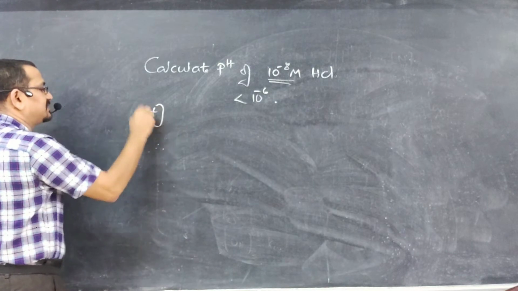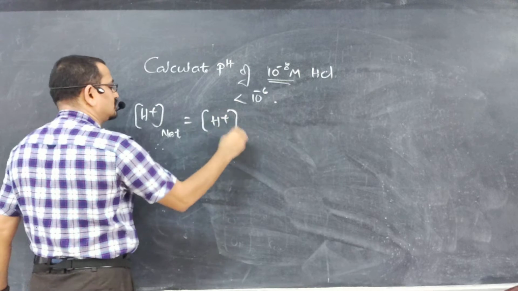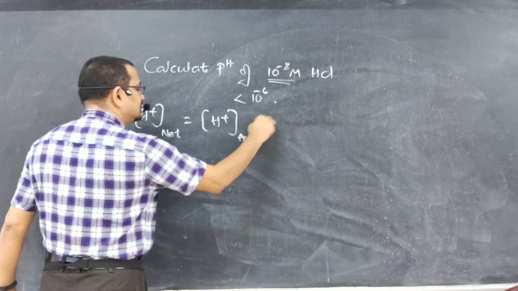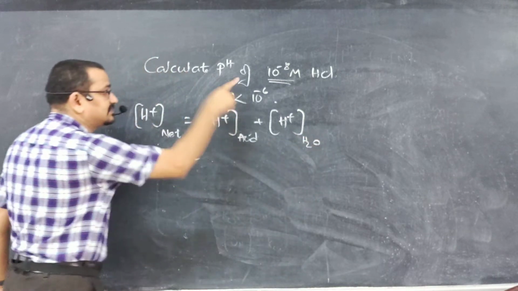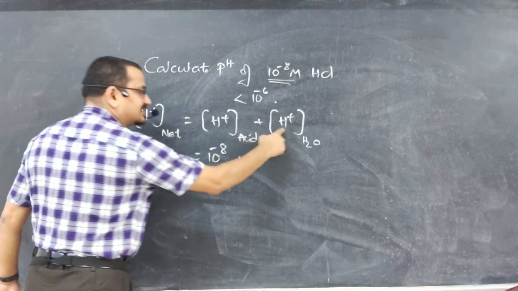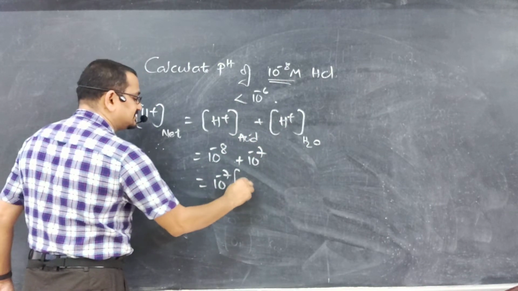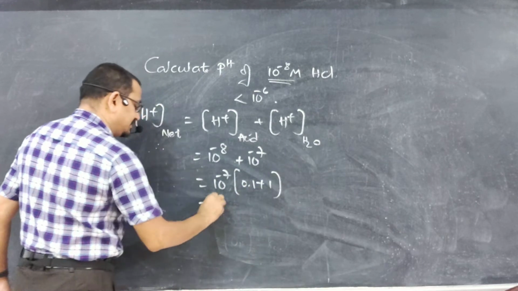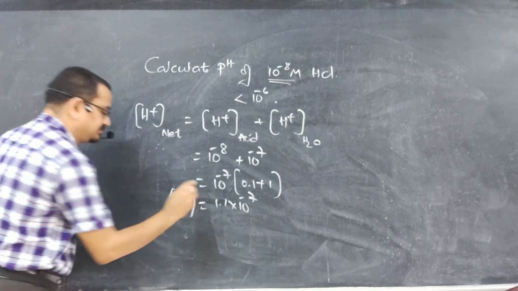So now the net H plus ion concentration is H plus ion concentration coming from acid plus H plus ion concentration coming from water. What is H plus ion concentration coming from acid? 10 power minus 8, and that coming from water is 10 power minus 7. So it is 10 power minus 7 into 0.1 plus 1. It is 1.1 into 10 power minus 7 H plus concentration.